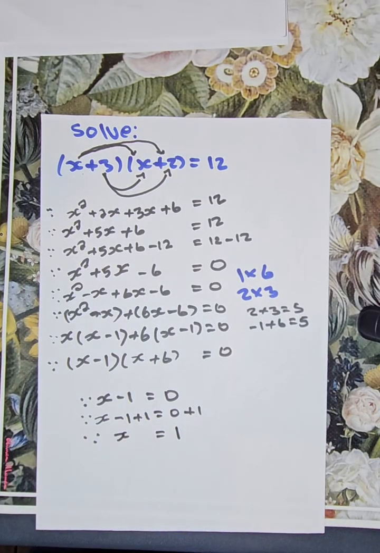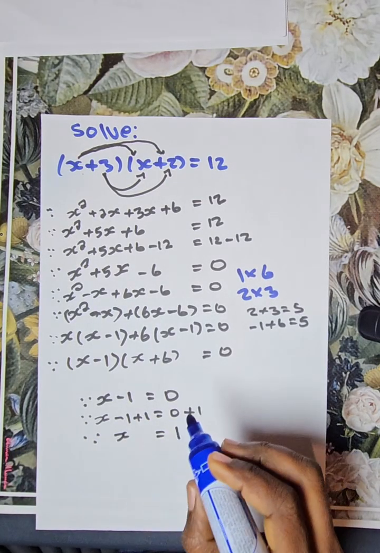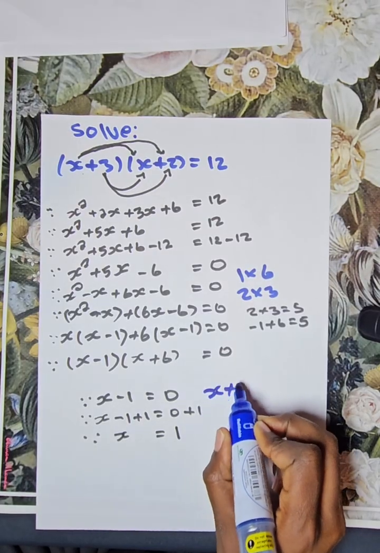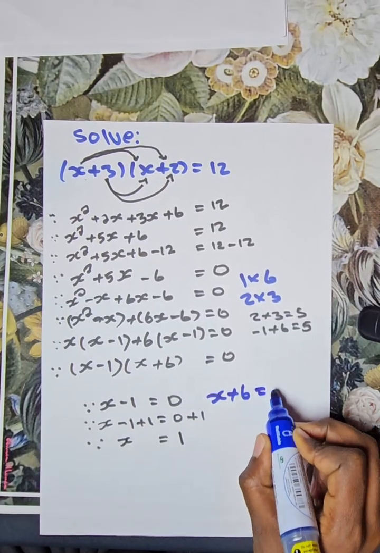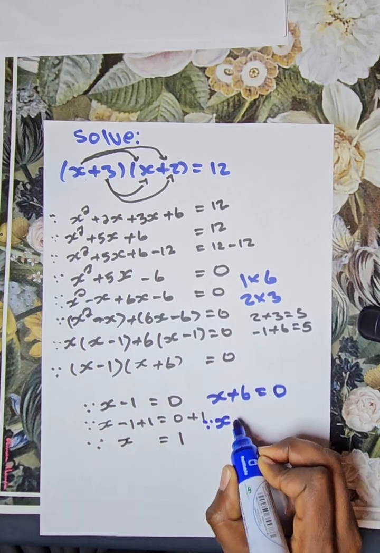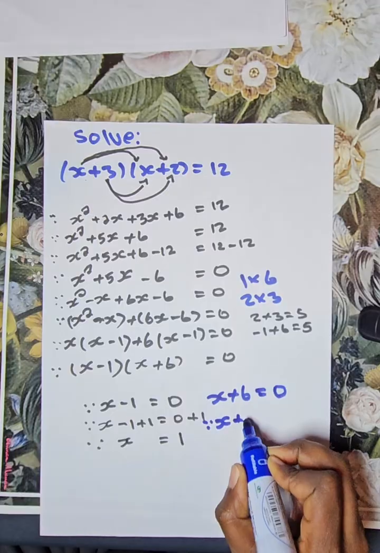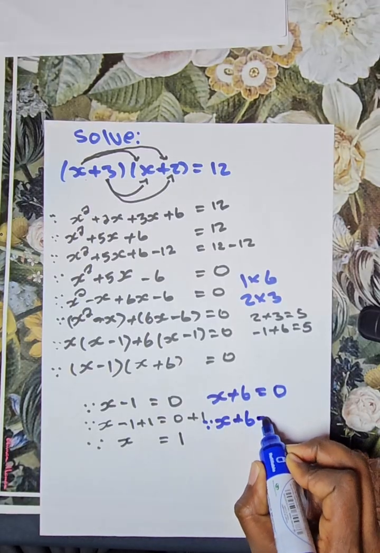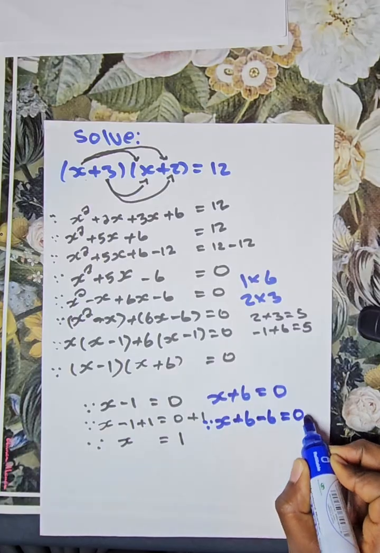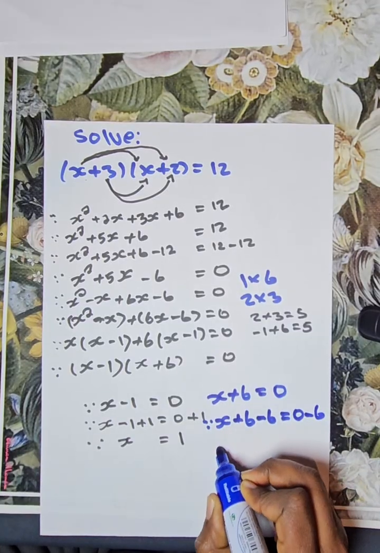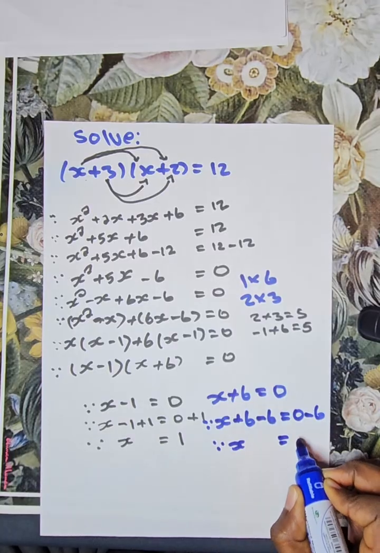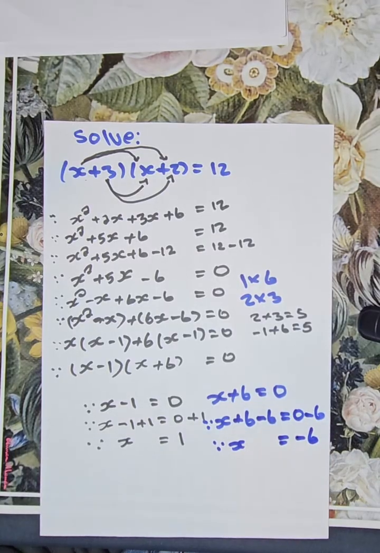Well done. On the other side, we have x plus 6. Let's also put it equal to 0. Now, let's get rid of plus 6 in order to isolate x. We therefore subtract 6, and remember to subtract 6 from the other side as well. This gives us x equal to negative 6.